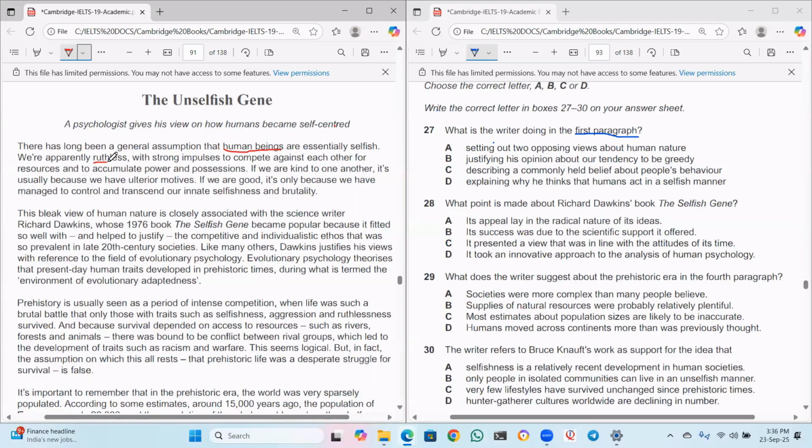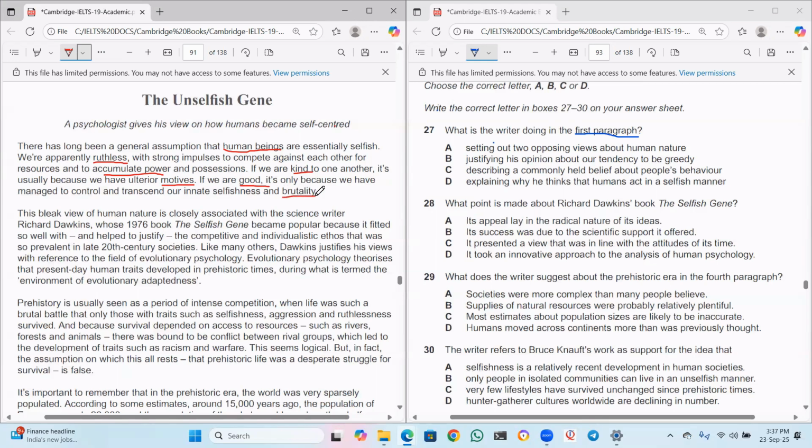We are apparently ruthless, with strong impulses to compete against each other for resources and to accumulate power and possessions. So if we are kind to one another, it's usually because we have ulterior motives. If we are good, it's only because we have managed to control and transcend our innate selfishness and brutality.